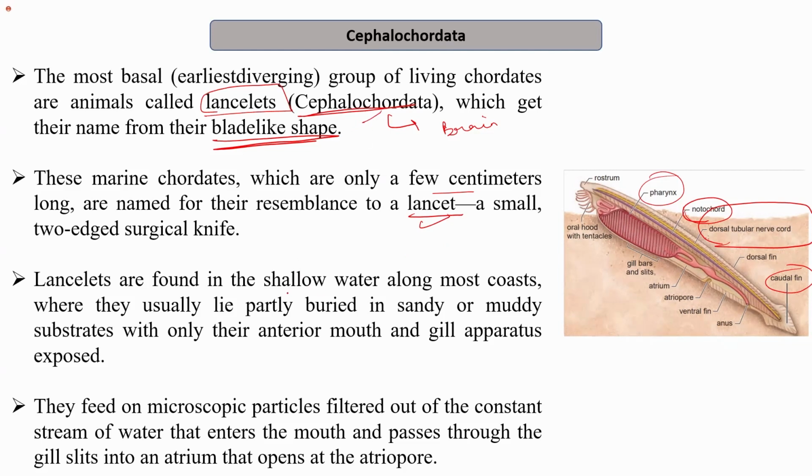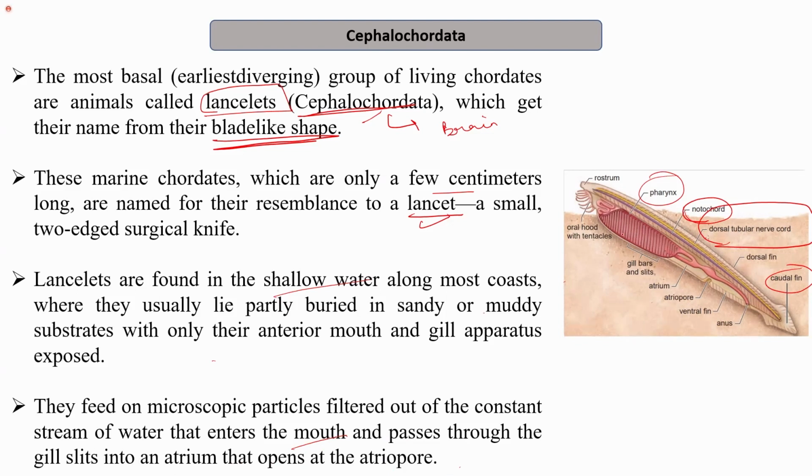Lancelets are found in shallow water along most coasts, where they usually lie partly buried in the sandy or muddy substrate with only their anterior mouth exposed. So this is the oral hood with tentacles, the anterior mouth and gill apparatus exposed, and the remaining body is inside the mud.